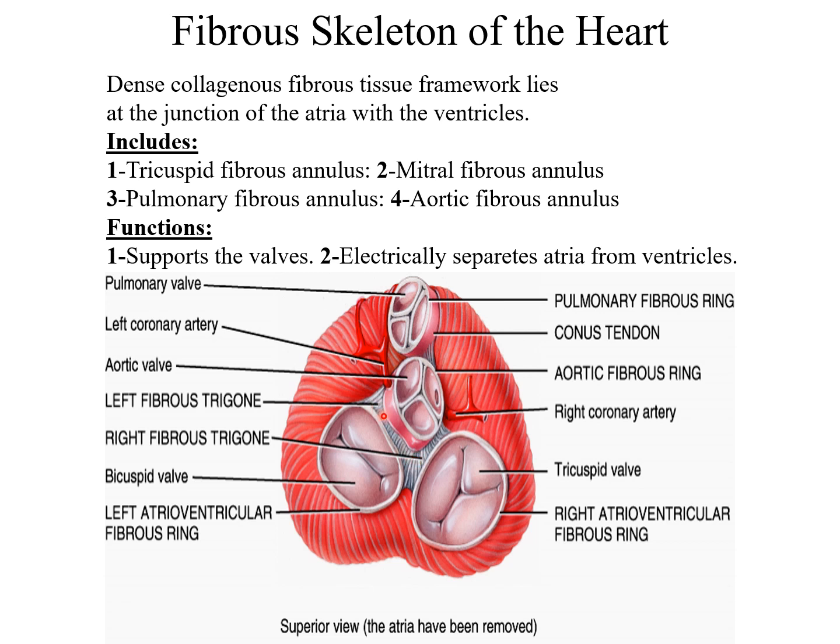This is dense collagenous fibrous tissue present in between these valves. These trigones are connecting the bicuspid valve with the aortic valve, and this connection is only for structural support. And over here we can also see the right fibrous trigone between aortic and tricuspid. This is the right side of the heart, this is the left side, because we are seeing from the superior view.